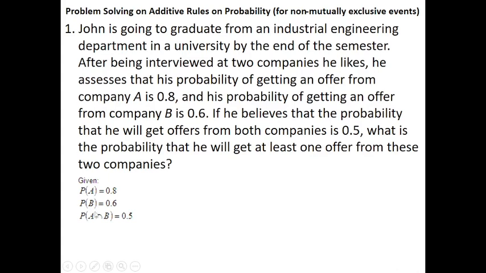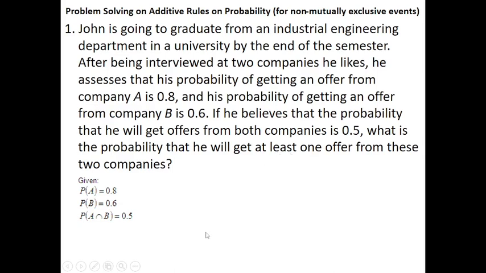So the probability that he will get offers from both companies. So matatanggap siya sa dalawang kumpanya. Ano ang tsansa na matatanggap siya sa dalawang kumpanya, company A and company B? 0.5. So we use the intersection symbol. So what is the probability that he will get at least one offer from these two companies?